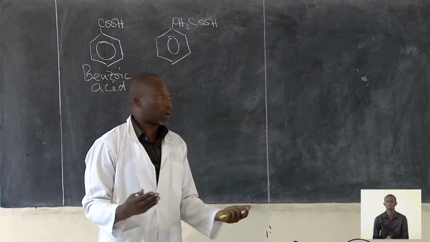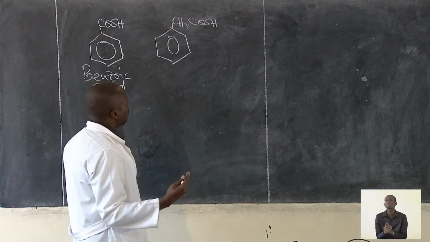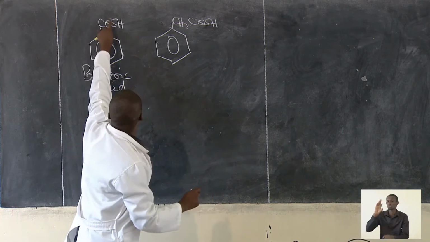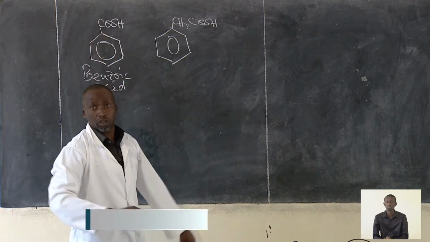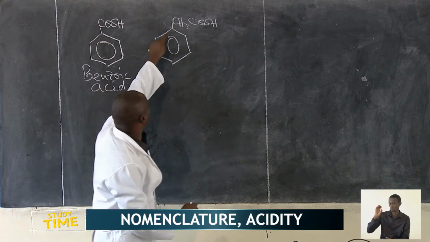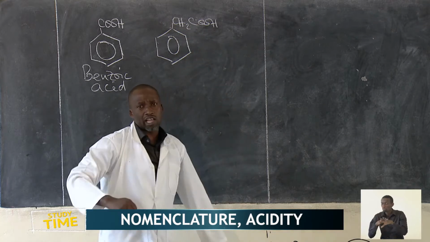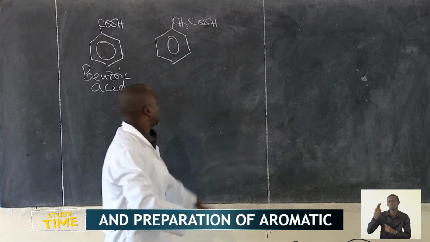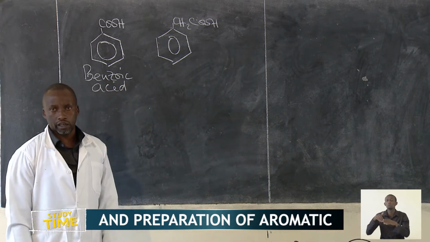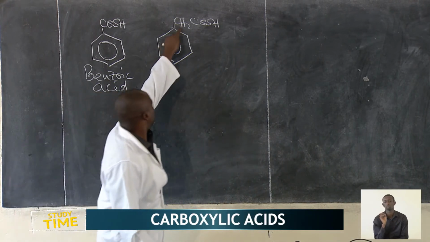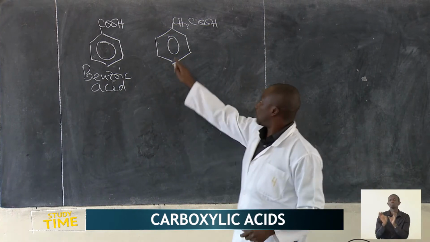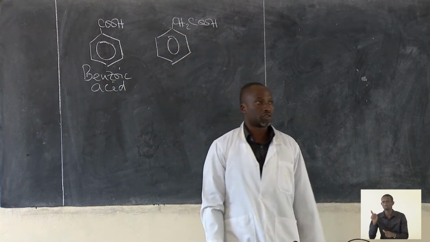So how are we differentiating? I said now 2 forms. 1, where the carboxylic acid is attached on the benzene directly, and 2, you may have some other forms where the carboxylic group is not attached on the benzene ring. That means this benzene ring is a substituent of this carboxylic group.